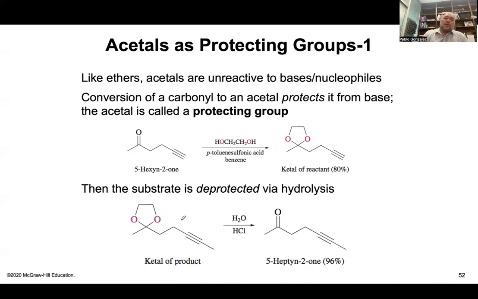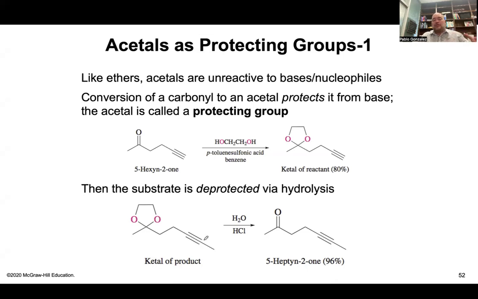So with acid, we break this acetal, and we recover the carbonyl group, and we have this modification in the molecule without affecting the carbonyl group. Okay, so we go through the keto protecting group in that sense, and do the reaction in here as normal.